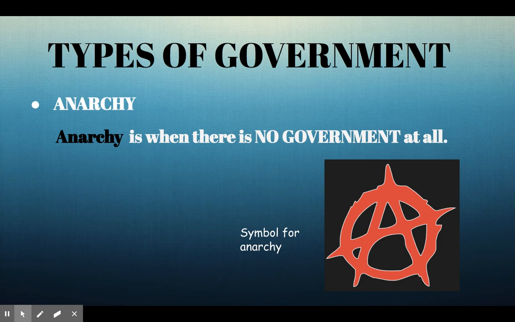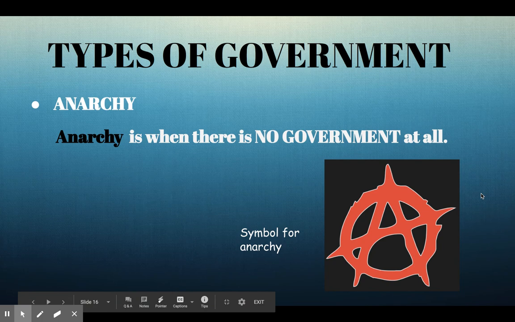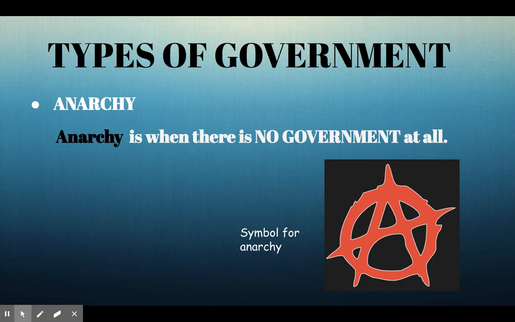Currently, there is none. So sometimes you see this symbol graffitied on walls, and you could say, someone who supports having no government. I just don't know how safe that would be, because I think you really do need government to maintain order and stability. But that's just me. Nobody cares what I think.